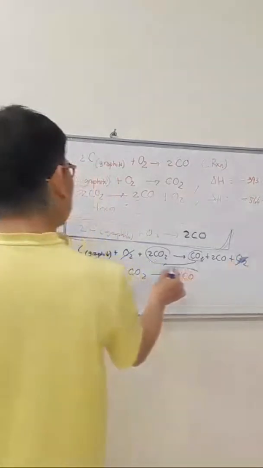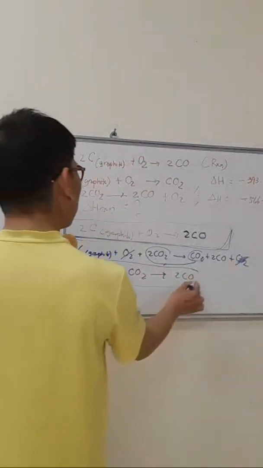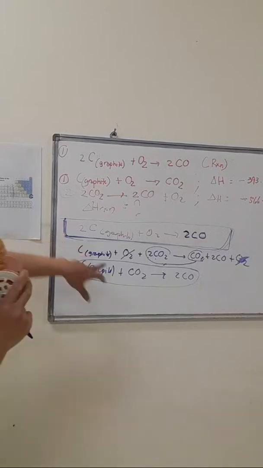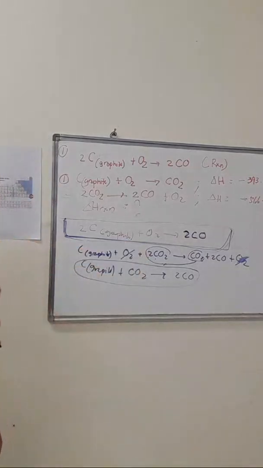So this is the final reaction if you add the two directly: C graphite plus carbon dioxide equals 2CO. Is it the same as the overall reaction we produced? No, because we have CO2 in our overall reaction.